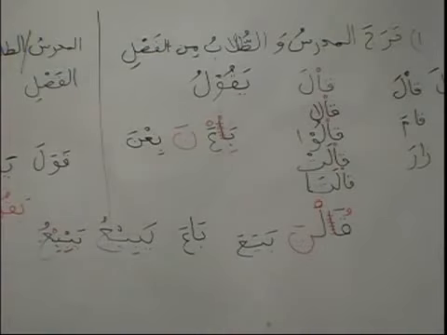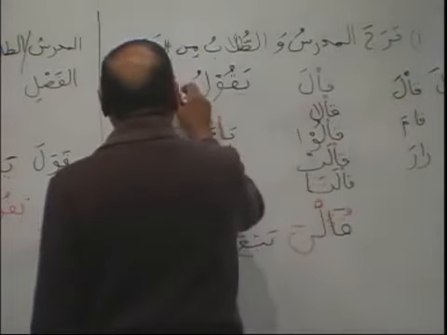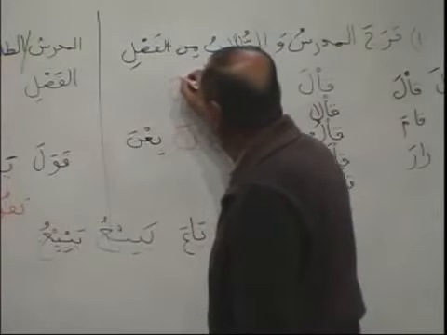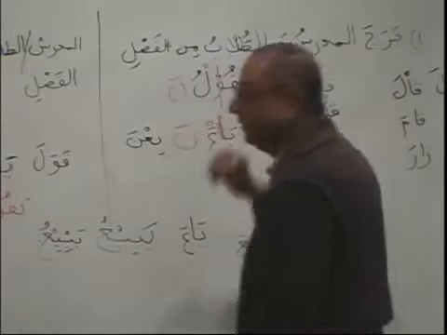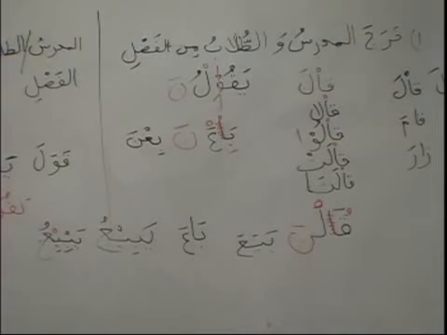Now, yakulna, same thing happened. Lam kalima got a sukoon because of nun niswa. Are you with me? Lam kalima got a sukoon, then I have to drop the waw. Two sukoons came, iltiqa sakinain, meeting of two sukoons, and if one of the sukoon is on a weak letter, that weak letter has to be dropped.